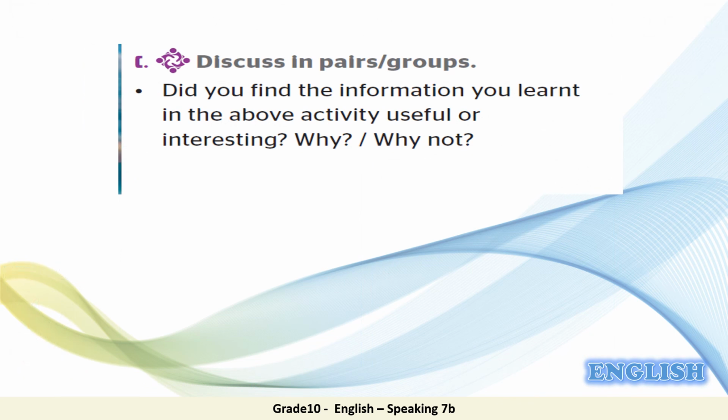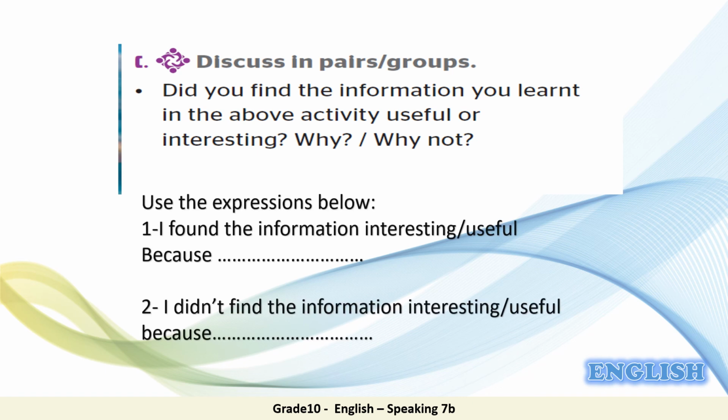Let's go back to our student book, exercise C, in order to discuss the following. Did you find the information that you learned today useful or interesting? Why or why not? The expressions below are going to help you come out with a well-structured answer, my students.